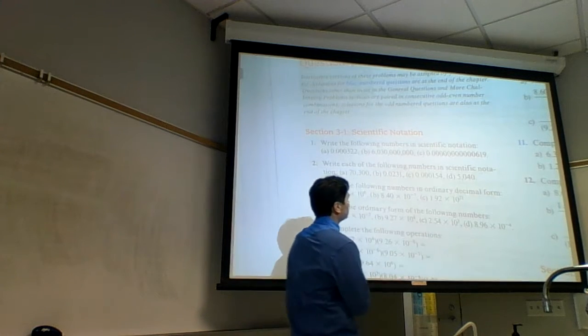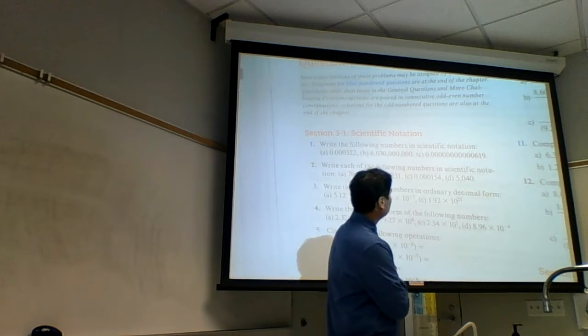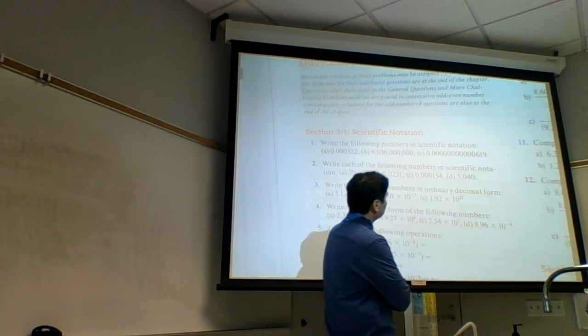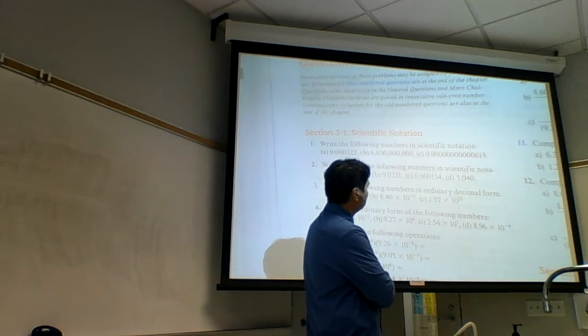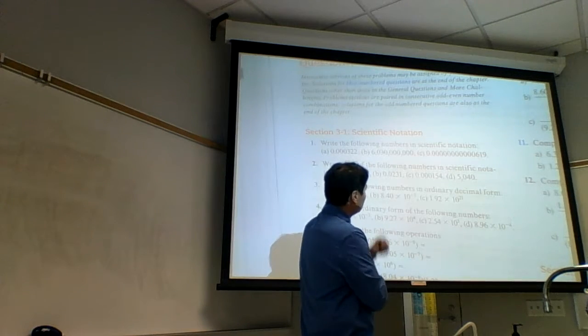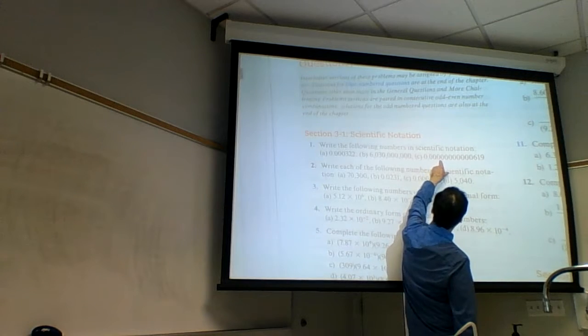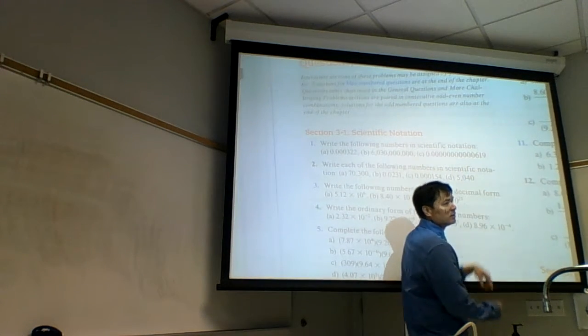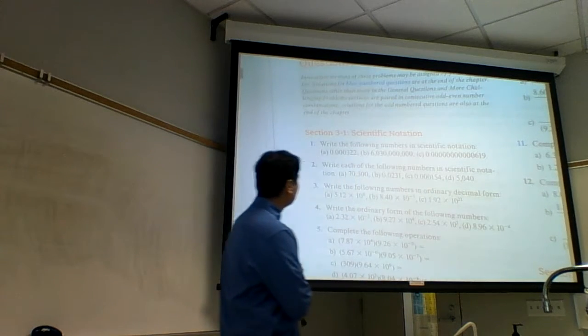It's unlikely because of what it's written. C, would that be in scientific notation? Just count out 3, 6, 9, 12. Yeah, 6.19 times 10 to the negative 12. So we're good.